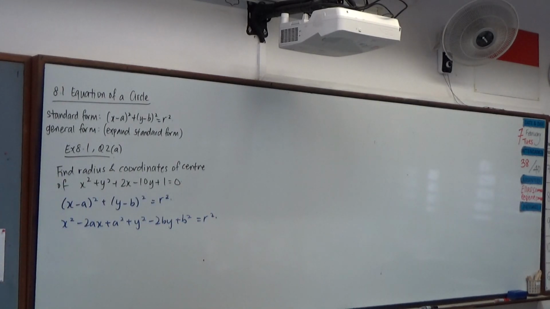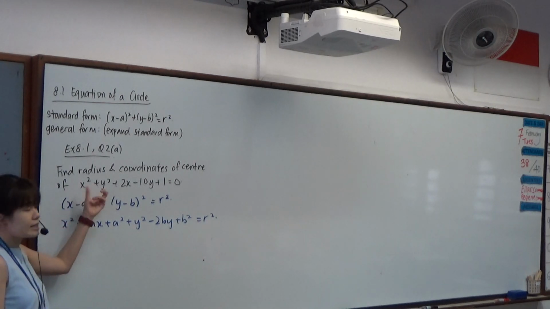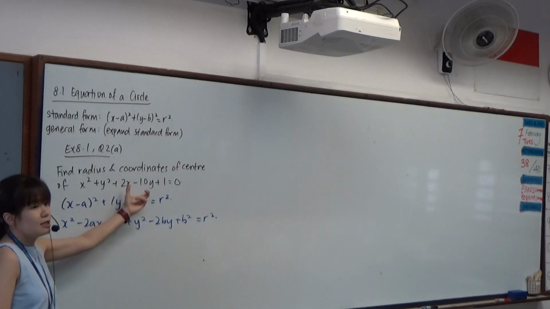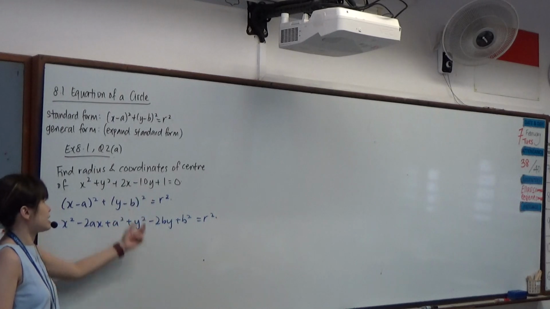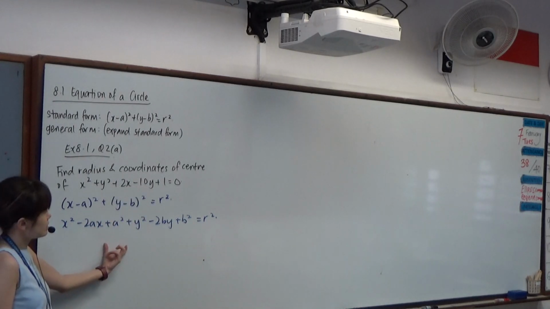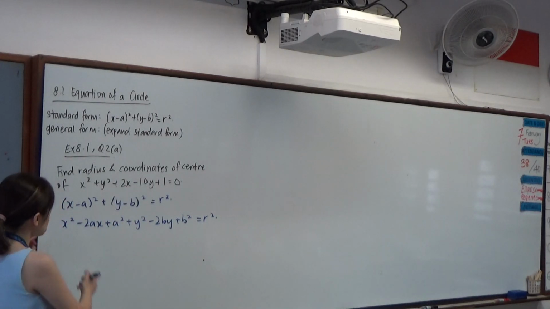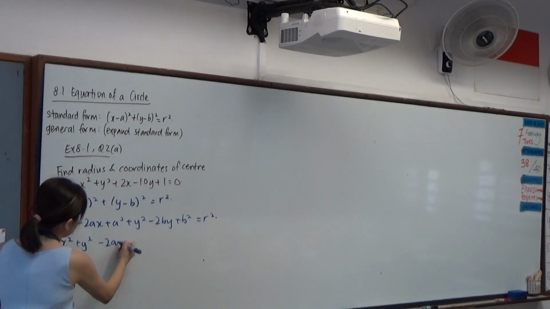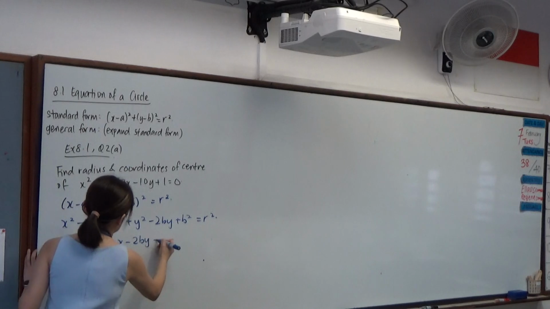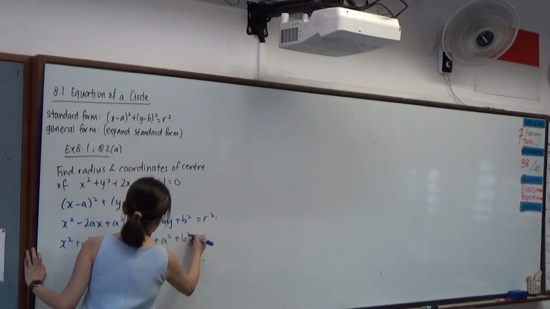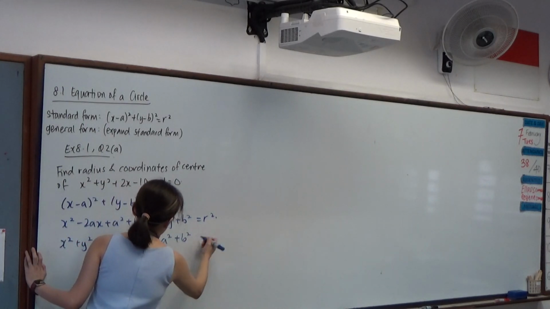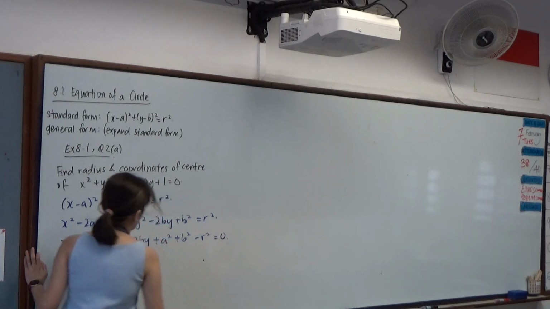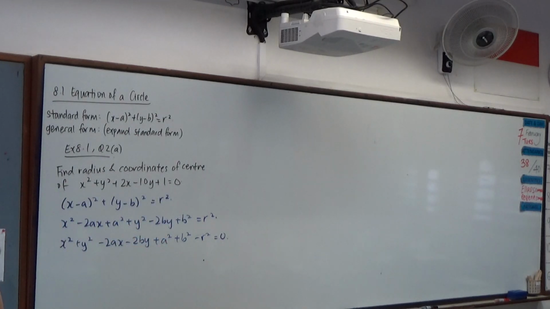When it comes to the standard form, you notice that all the squares will usually be put on one side, then all the degree 1 expressions in the middle, then after that the constants. So we rearrange as such, and our r squared will move over to the left hand side.